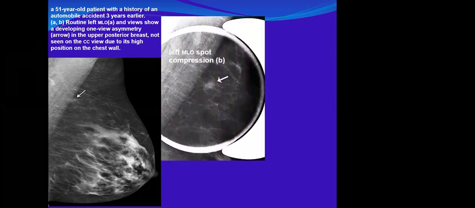Being just abutting the chest wall, it might just be excluded from the field of view in the other view. So what is next? Compression view, spot compression view. This is a spot compression view. The lesion is there.